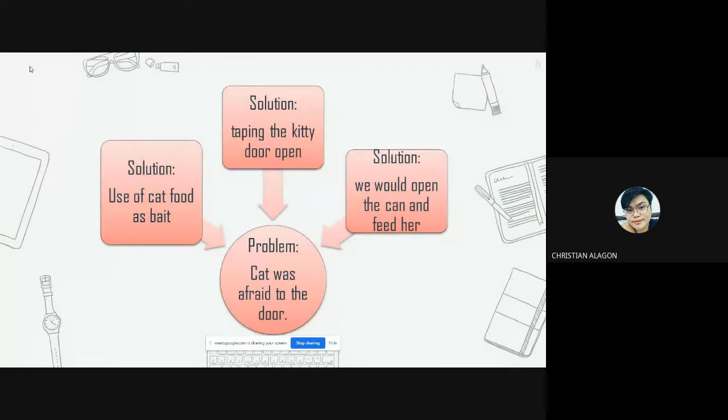I have here the problem: the cat was afraid of the kitty door. And the solution is the use of cat food as bait, keeping the kitty door open, and we would open the can and feed her. So that is our problem and solution.